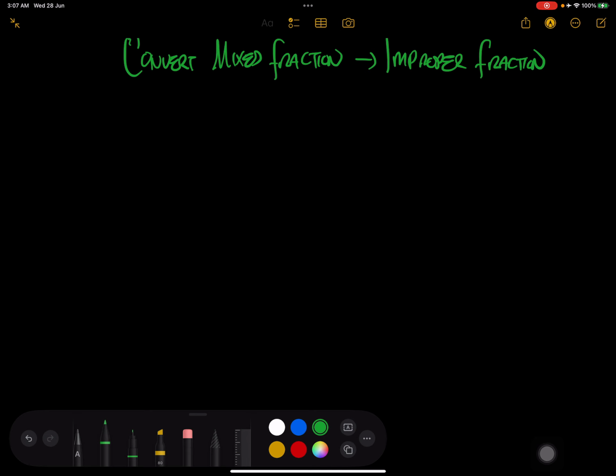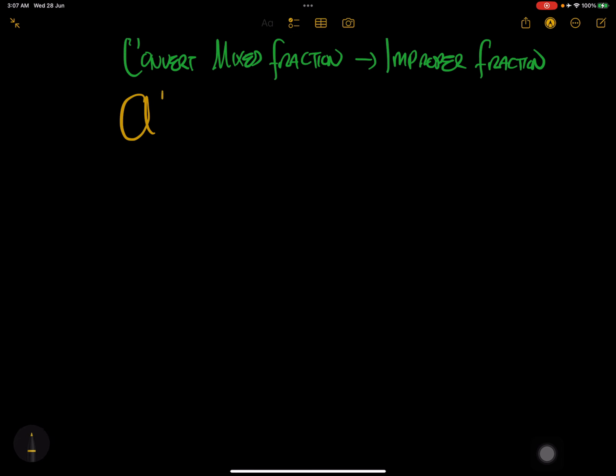We have a case like this. Let's say this is our mixed fraction, a whole number, m over n, for example. What we're going to do is take the whole number and multiply it by the numerator, which is m, and then add the denominator to whatever we get after multiplying.